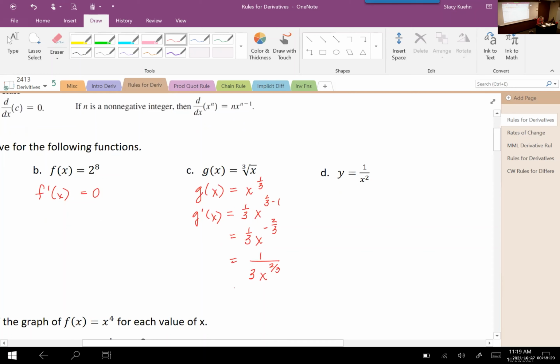And then if you wanted to go one step further, depending on what's being asked of you, you could simplify this to be 3 times the cube root of x squared. That's g prime. Okay? Questions on how we did that? Okay.